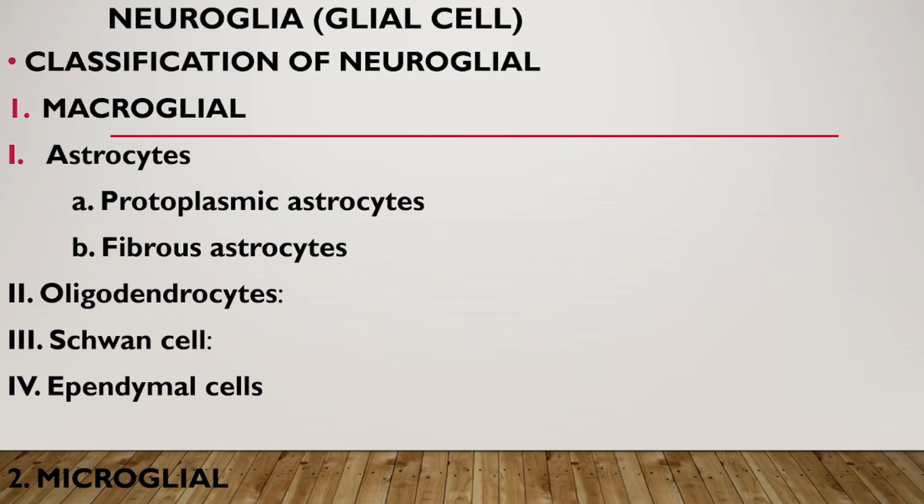The neuroglia are classified into two: macroglia and microglia. The macroglia is divided into four. The first one is known as the astrocyte.